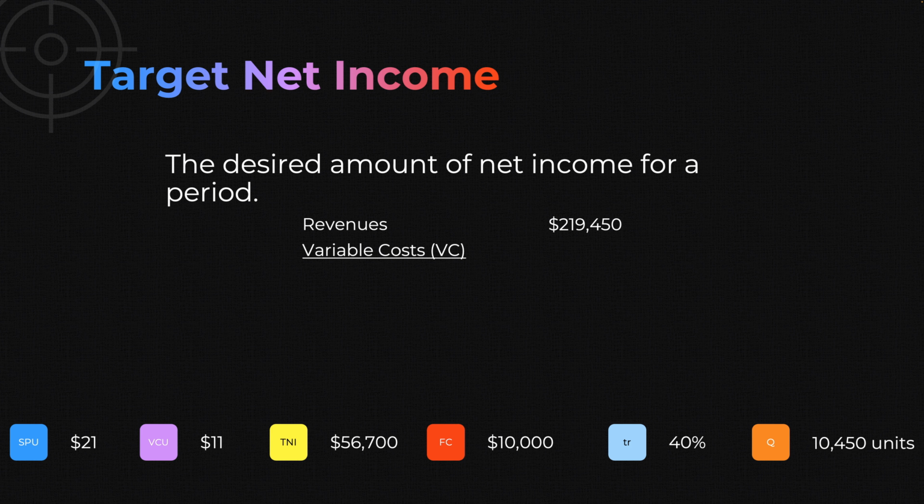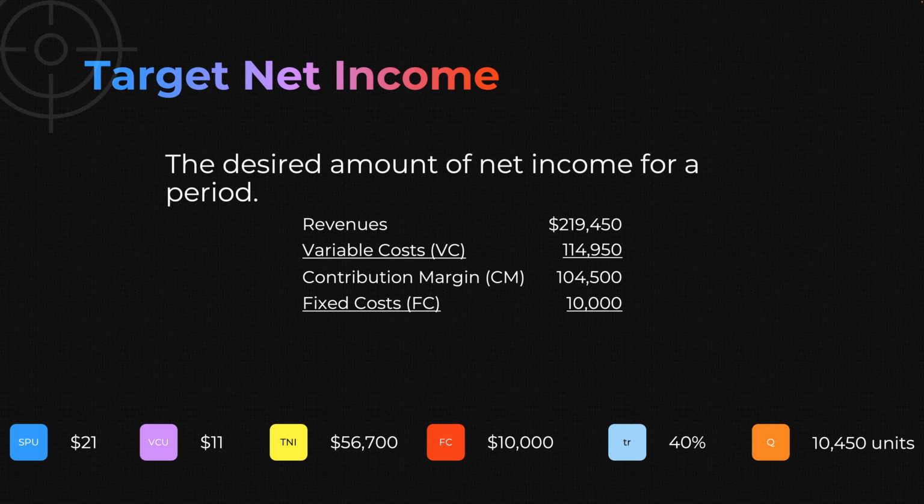$219,450. The variable cost still equals $114,950. And so the contribution margin is $104,500. The fixed costs are fixed at $10,000. And that means our operating income is $94,500. Now, if we take that number, $94,500, and multiply it by 40%, you'll get income taxes of $37,800.